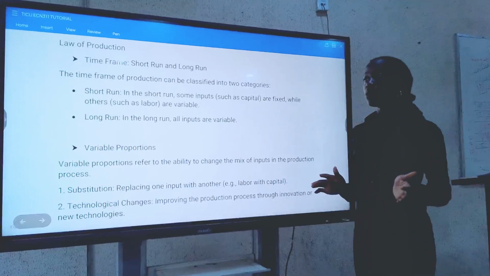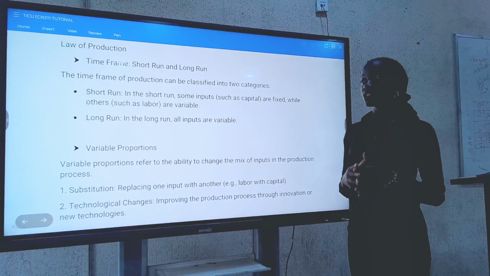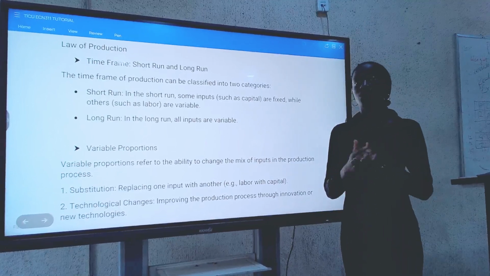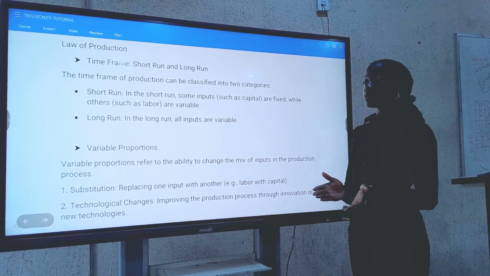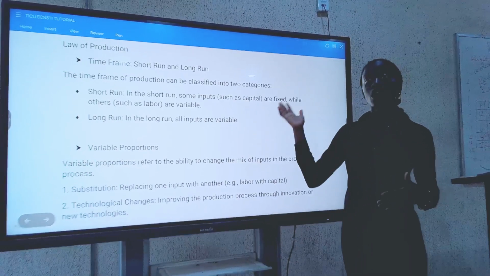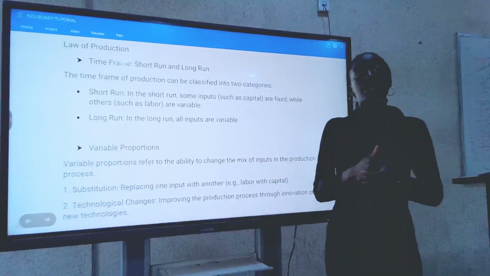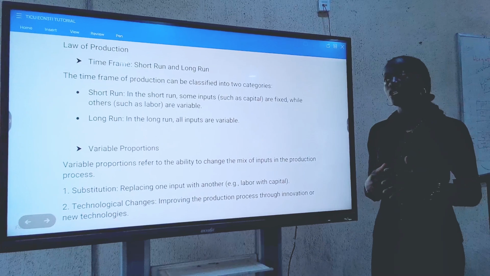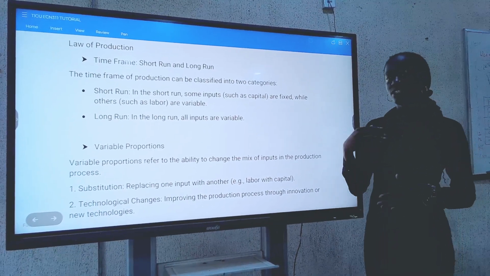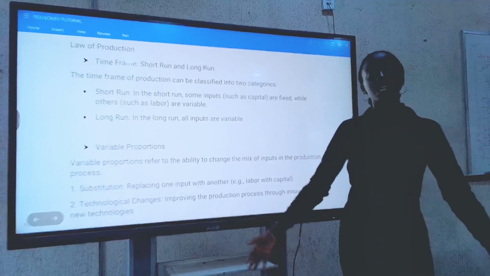For example, let's say Covenant University, right now, we have fixed inputs like the building, the halls, and some other things. And then variable inputs include the lecturers, and let me say books and all.